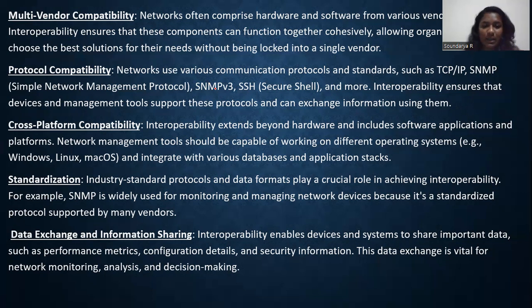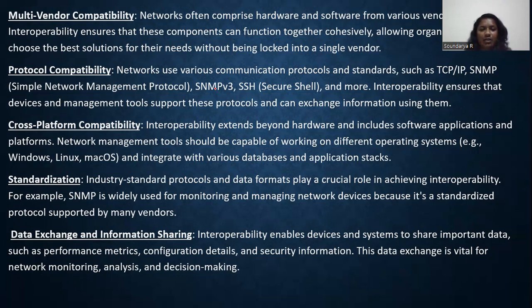Device management tools support these protocols and exchange information using them. Cross-platform compatibility. Interoperability extends beyond hardware and includes software applications and platforms. Network management tools should be capable of working on different operating systems: Windows, Linux, macOS, etc. Standardization.